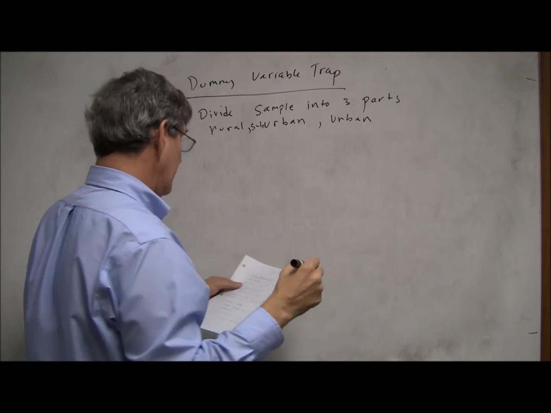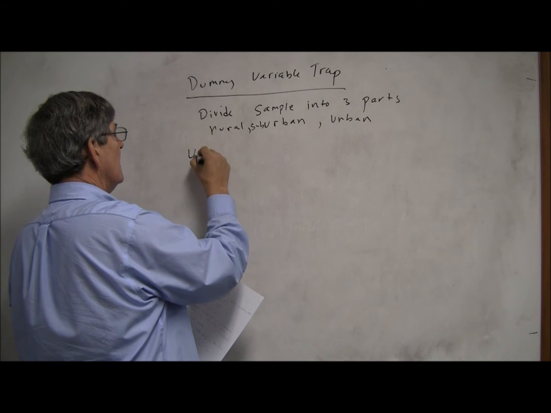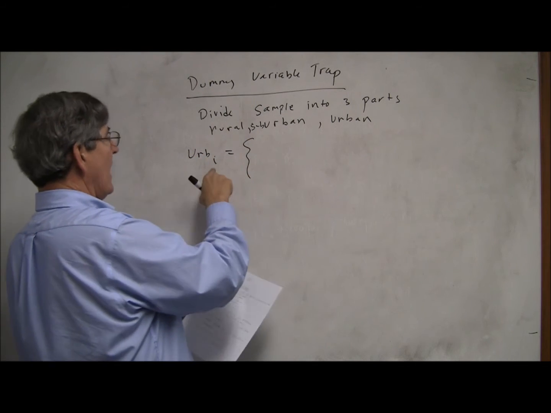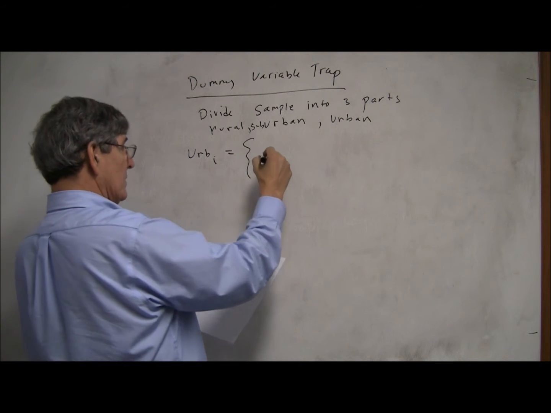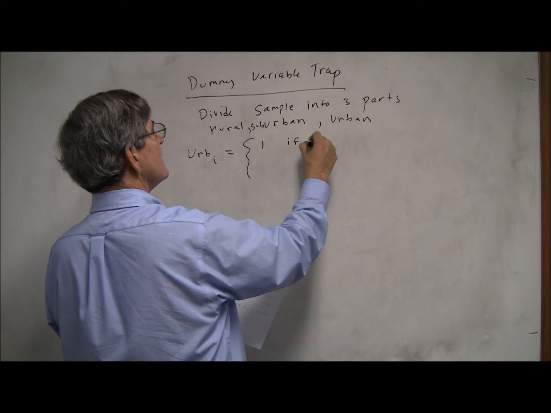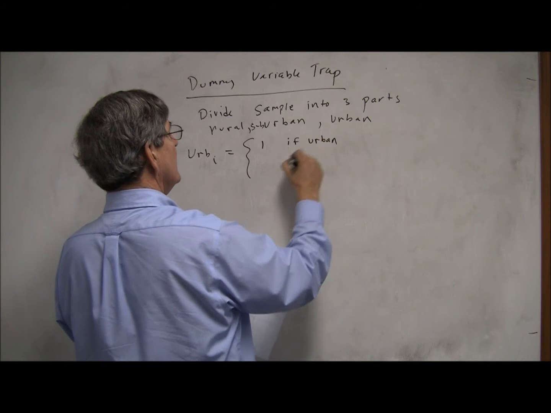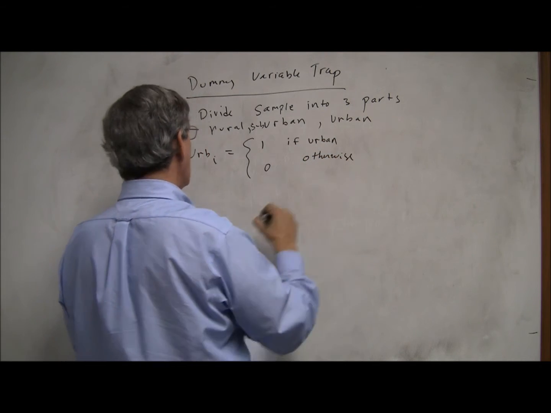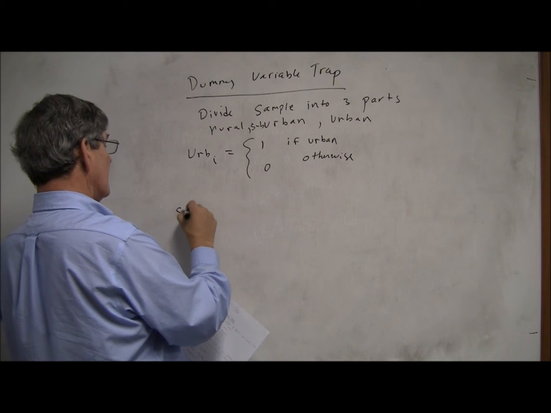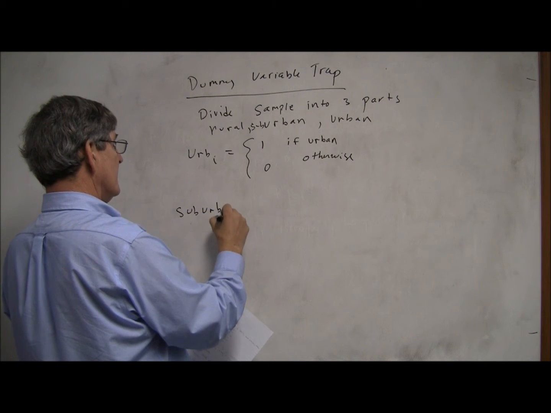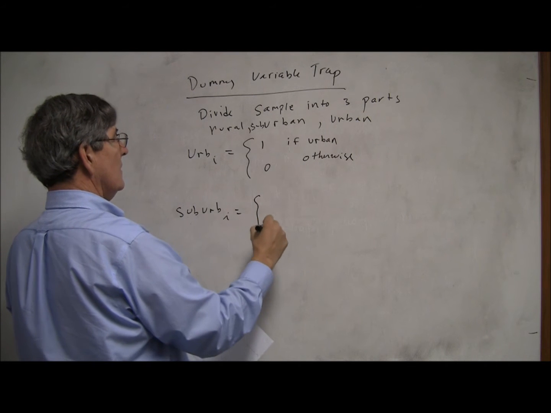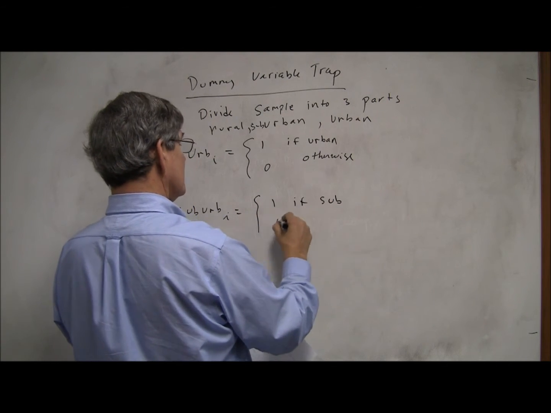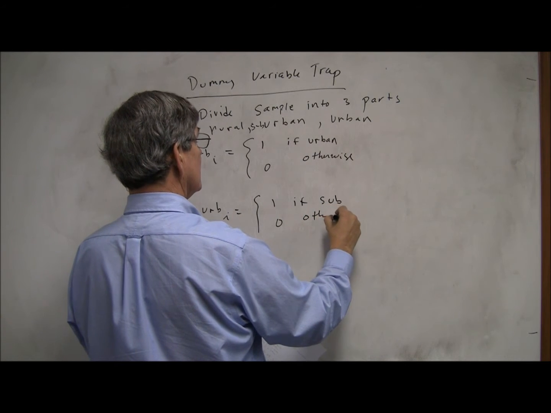And I'm going to define 3 variables. For the ith district, urban will be equal to 1 if it's an urban district and 0 otherwise. I'm going to define a second variable, suburb, for district i, which will be 1 if suburban, 0 otherwise.